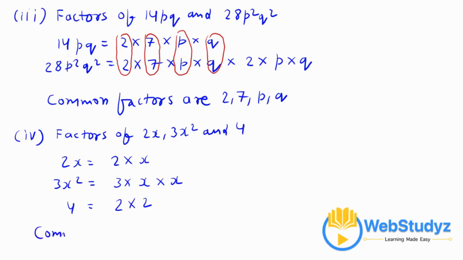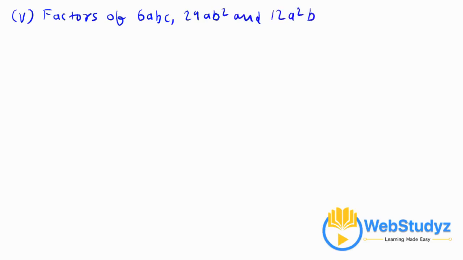So we can say that common factor is 1. Now move on to the fifth one, that is factors of 6abc, 24ab square and 12a square b.